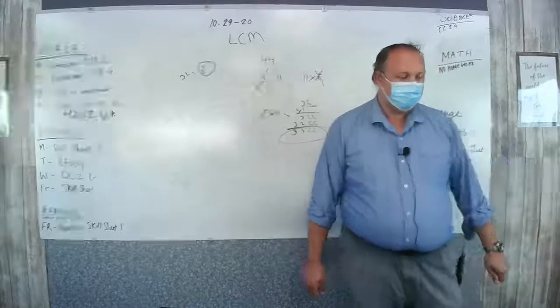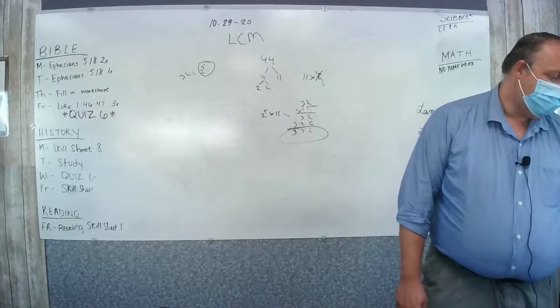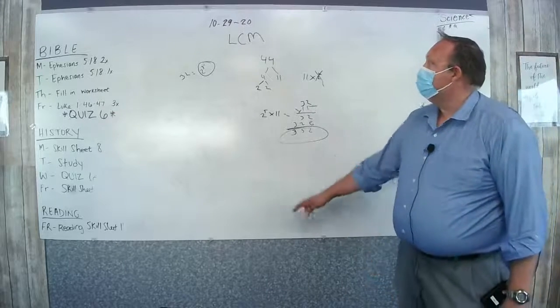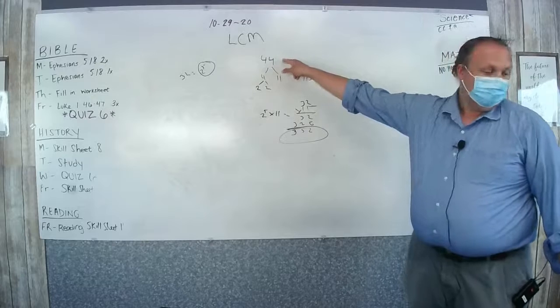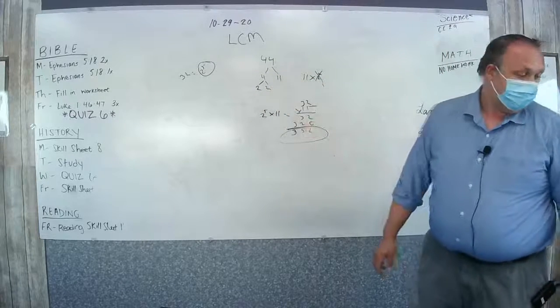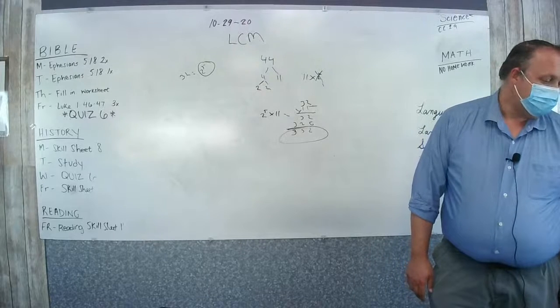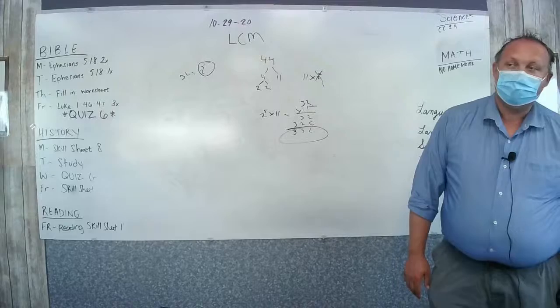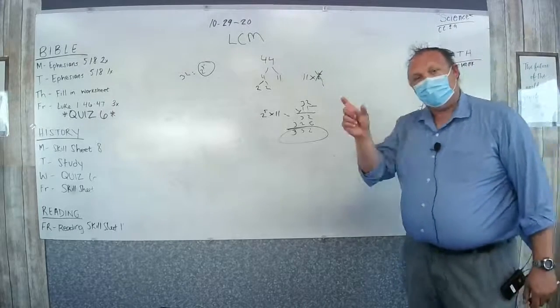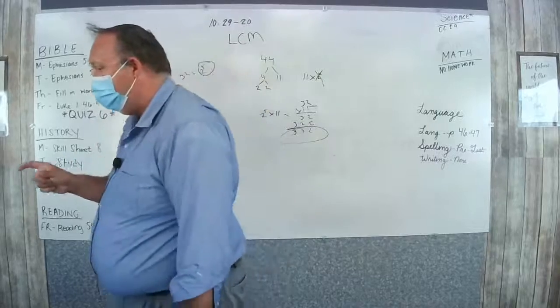Yes? I'm confused where we write all this stuff. Okay? So, next to 44, you're going to put 2 times 2 times 11. On those long lines, you're going to write what the prime numbers are. Okay?